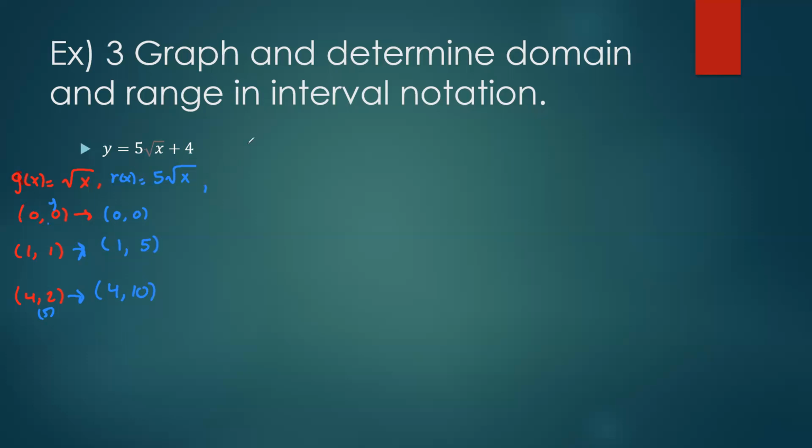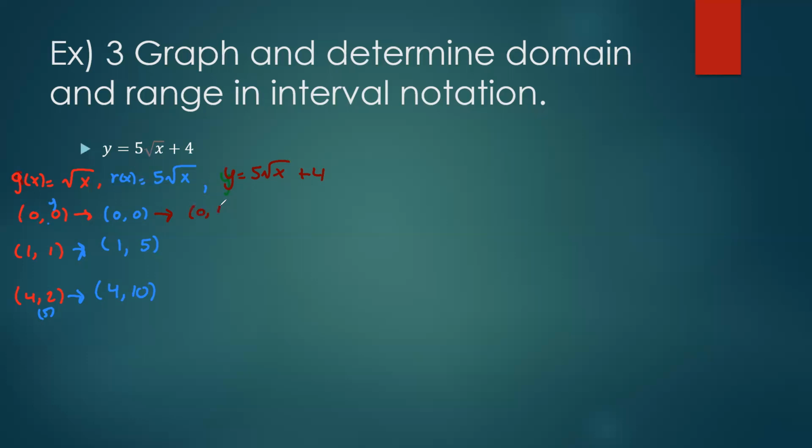And then let's do the final one. Let's call it y equals 5 square root of x plus 4. This 4 is a vertical shift. All you have to do is add 4 to the y coordinate.